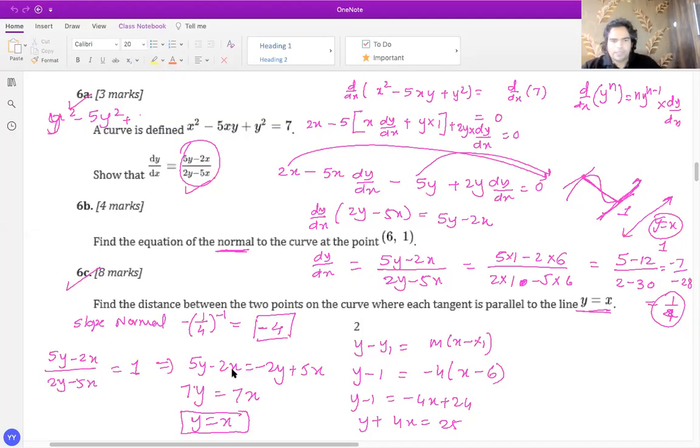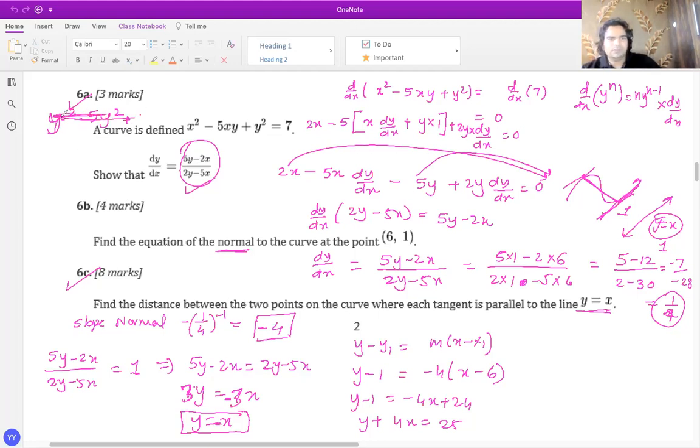So 5y minus 2x equals 2y minus 5x when I do this multiplication here. So this becomes 3y equals negative 3x then. So we get y equals negative x. So y equals negative x.